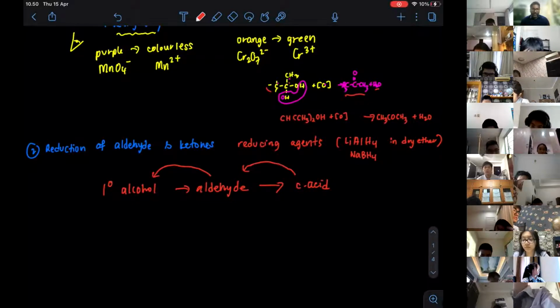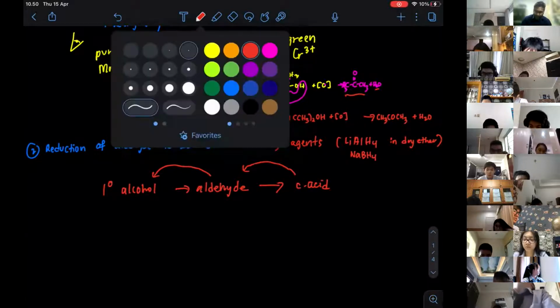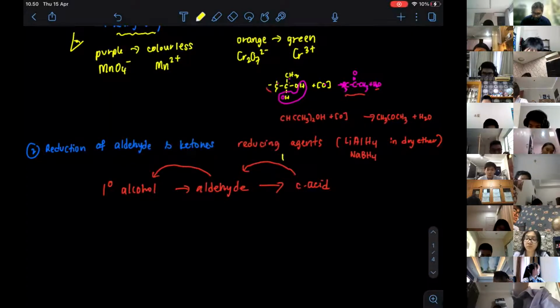Of course, for carboxylic acid to aldehyde, you can use either of these two, a very strong one or a weak one, it doesn't matter. You can use LiAlH4 in dry ether or NaBH4, still fine.